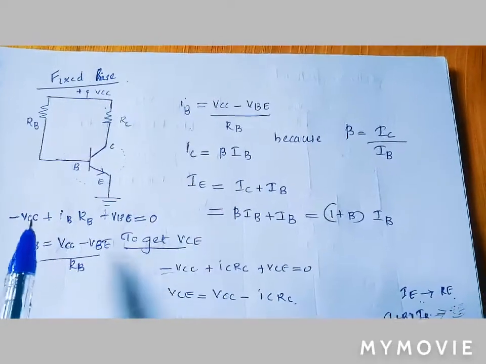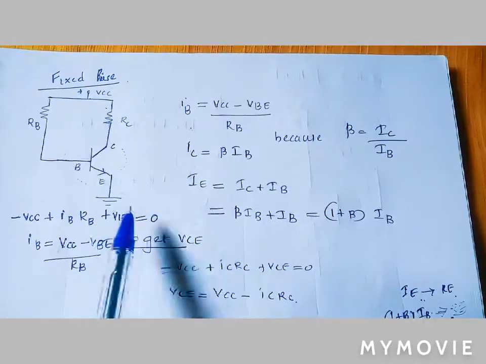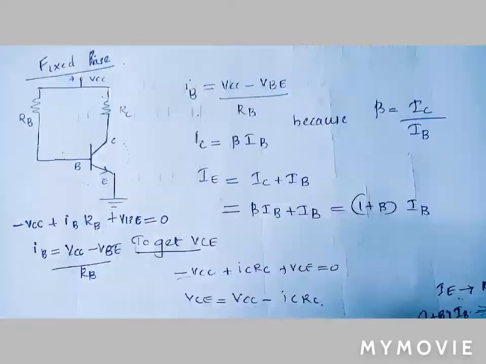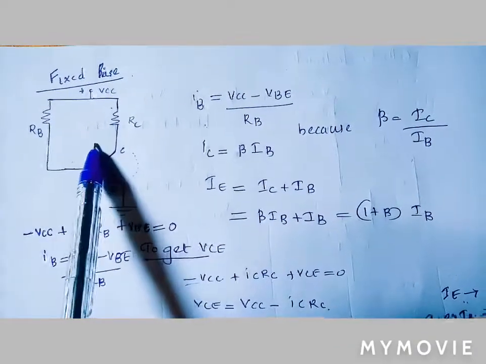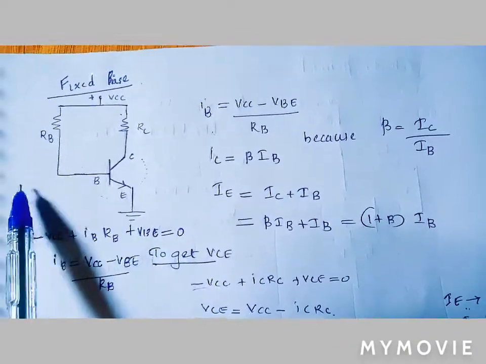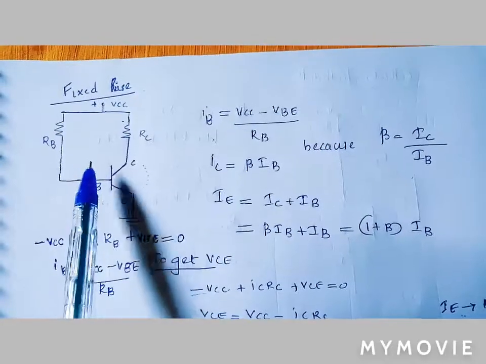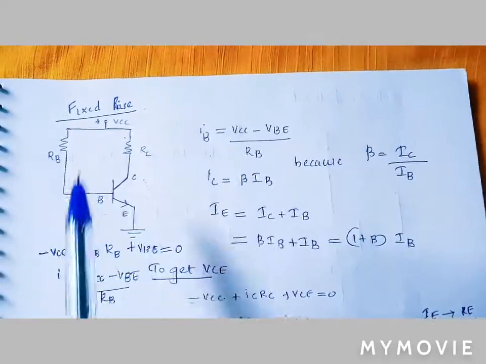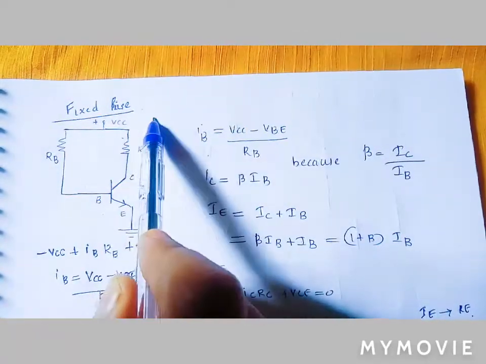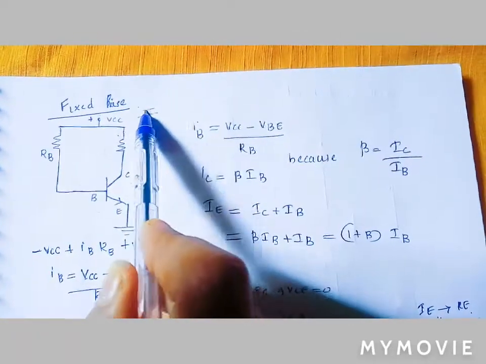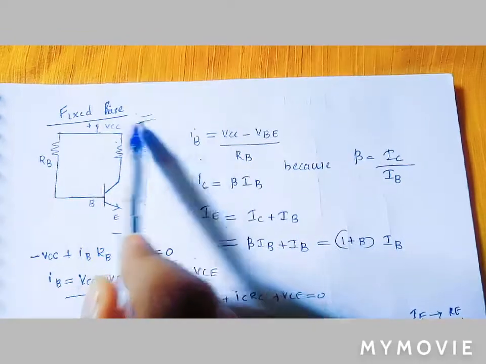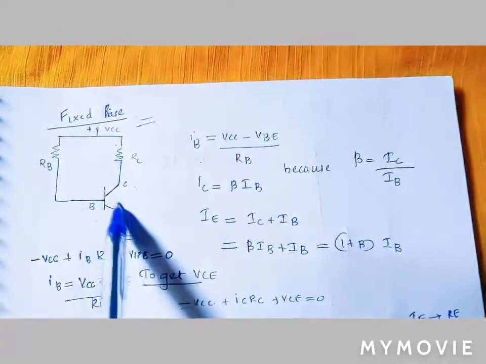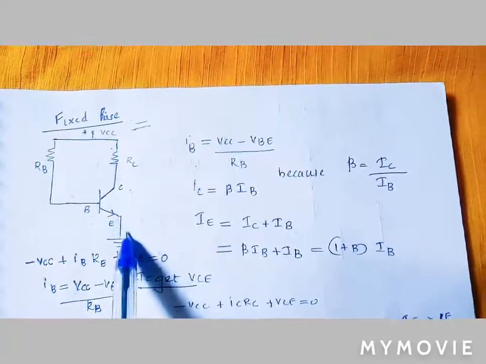How to apply the Kirchhoff voltage law in the circuit? You know that the Kirchhoff voltage law says the algebraic sum of voltages in a loop is equal to 0. Here we can see a loop because there is a battery, so there is a positive and negative terminal. Here is a loop and here also a loop.